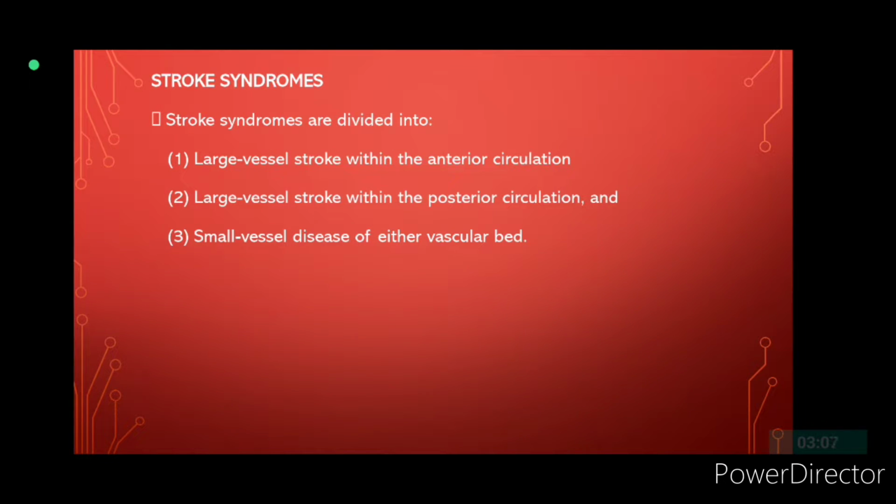Stroke syndromes. Stroke syndromes are further subdivided into three types. Those three types are: first, large vessel stroke within the anterior circulation of the brain.